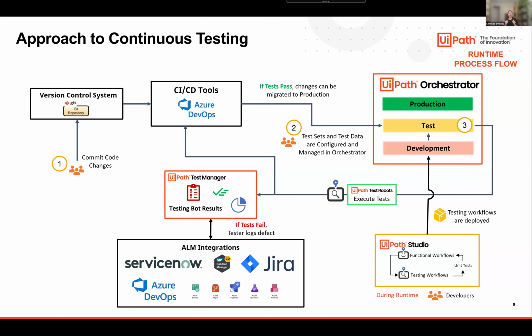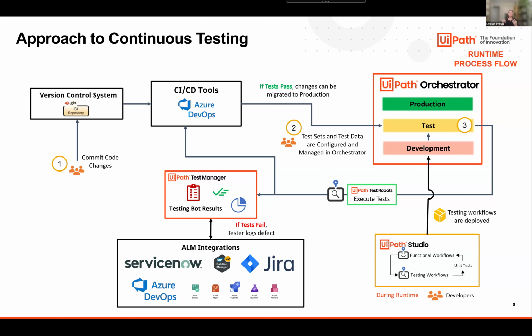So the Azure DevOps, Jenkins, or whatever CI/CD you're using will communicate with orchestrator, and that's what that plugin connection will do, of course, as well as the components. And then from there, the UiPath orchestrator will connect to the robots and trigger these robots, one or many, to execute tests that you already have set into test sets in orchestrator.